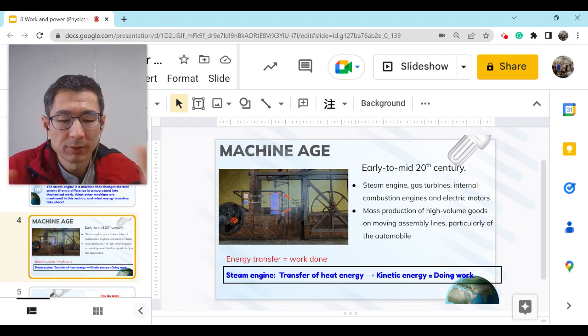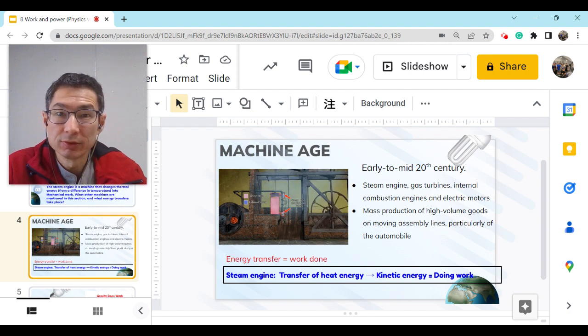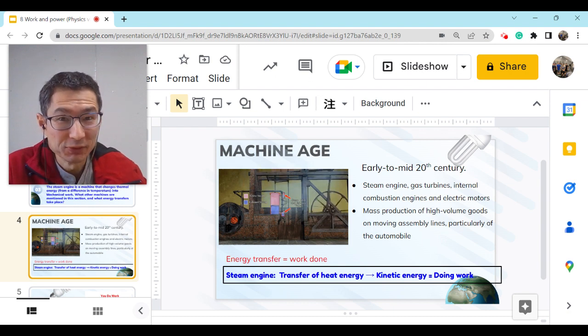We couldn't do it before because of labor, because of animals or people. We couldn't do a lot of mass production and high volume goods production. So we started harnessing the energy resources, isn't it? Fossil fuels specifically, like burning coal or burning petroleum oil, by using engines to do work.